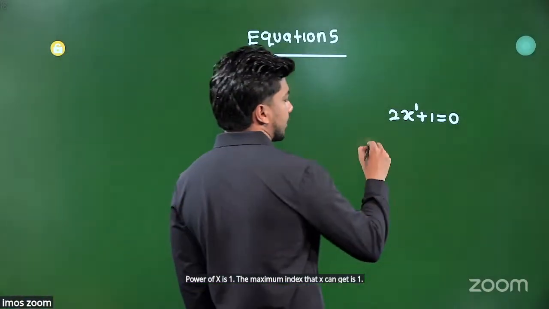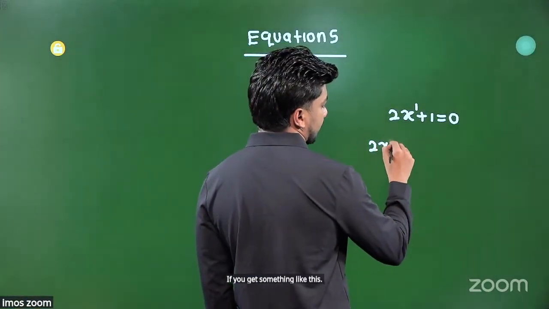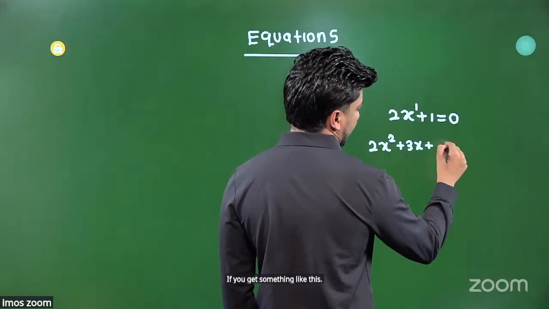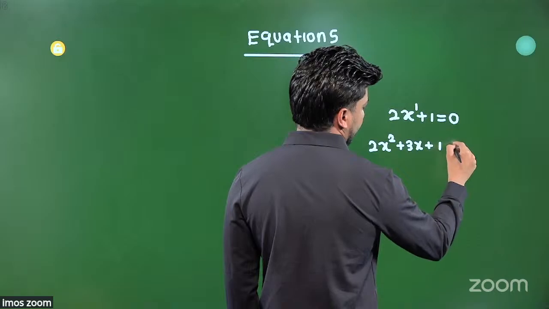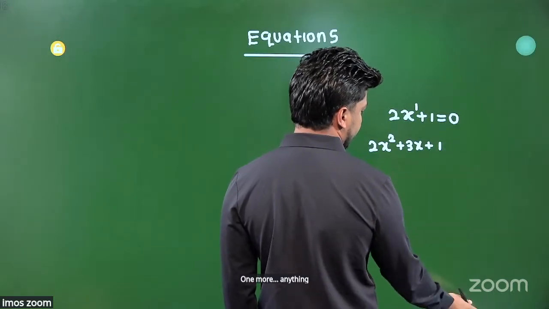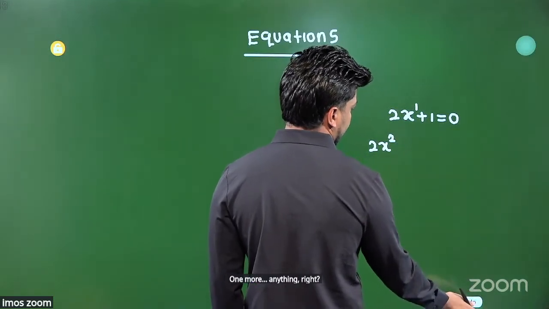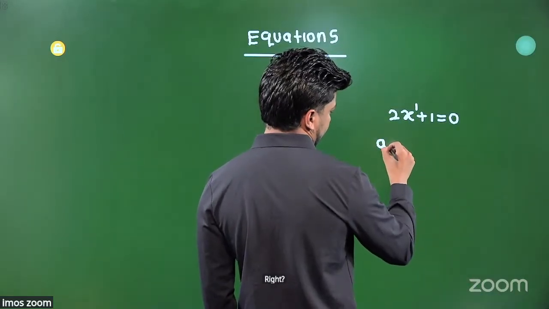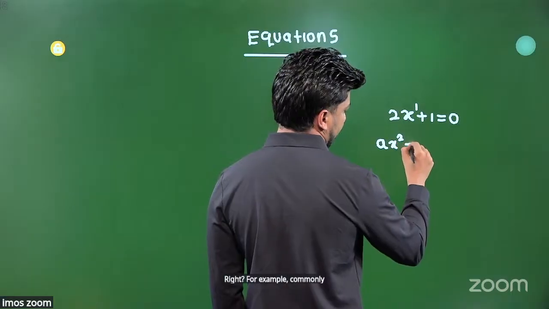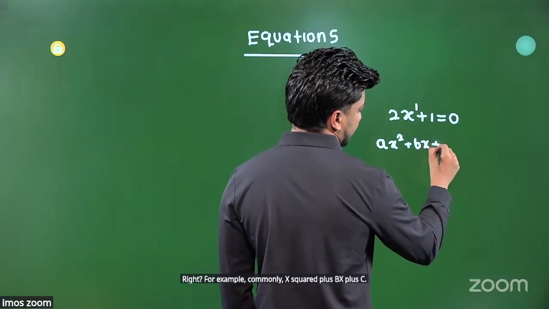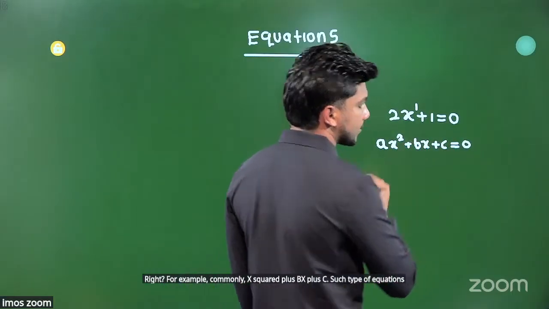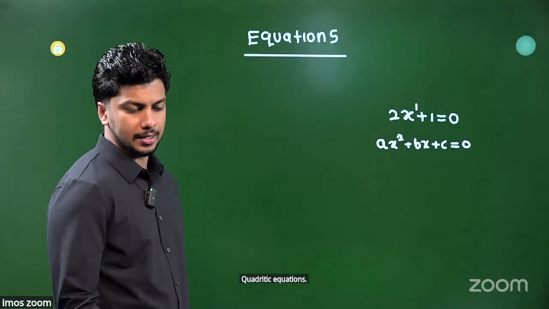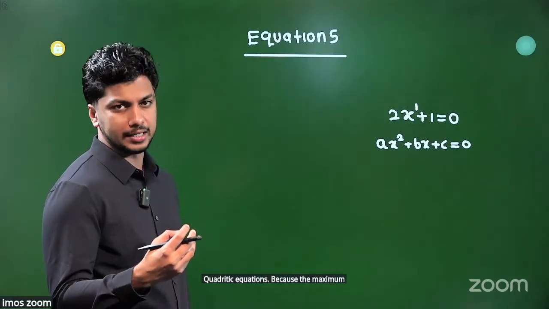For example, commonly ax squared plus bx plus c, such type of equations we call quadratic equations, because the maximum power of x is 2.